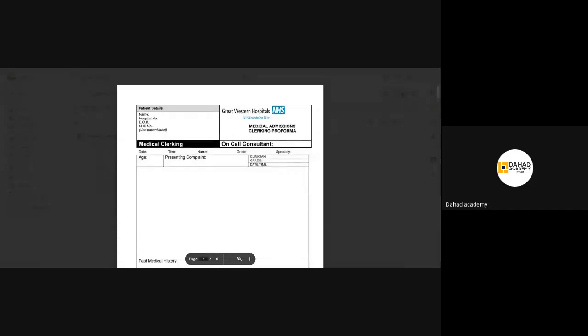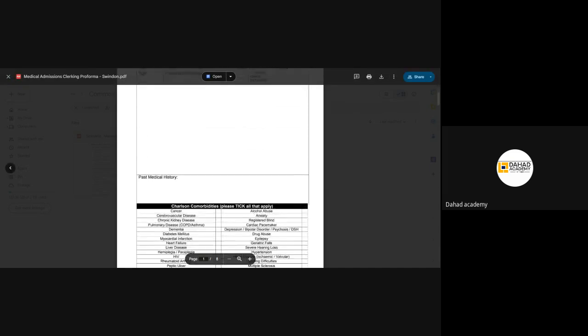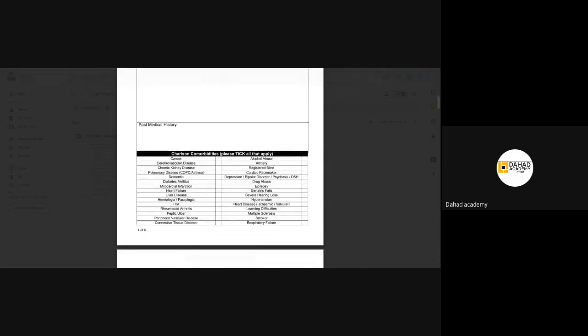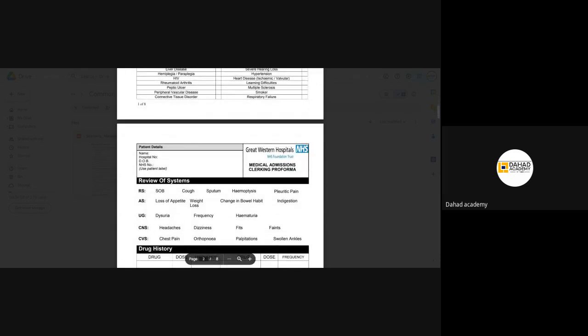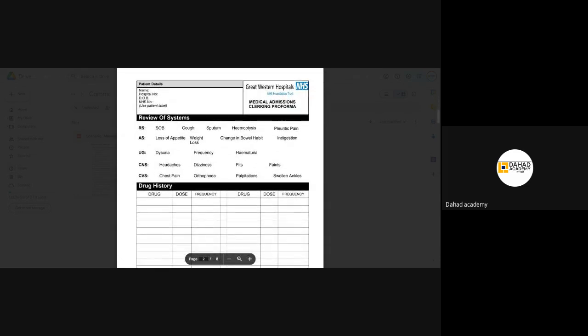So the past medical history, the patient will have lots of ongoing stuff, lots. So let's say she has diabetes, hypertension, osteoarthritis, and everything else. So you will put the name again, then examination and the medication. She is on lots.